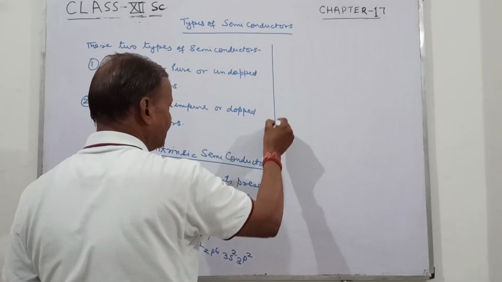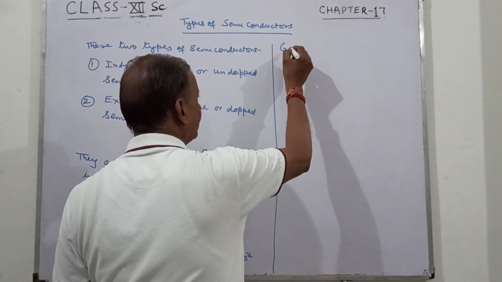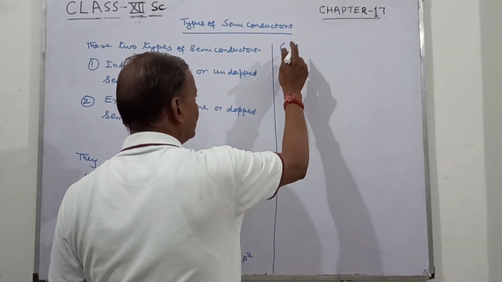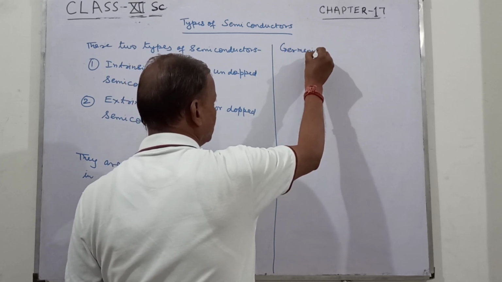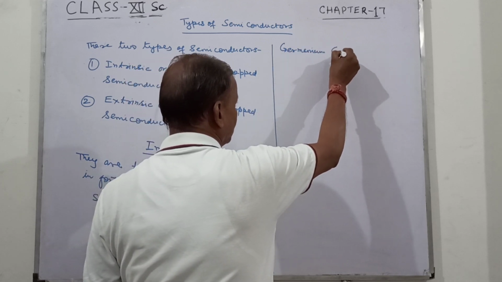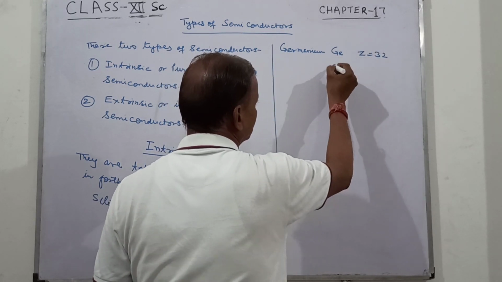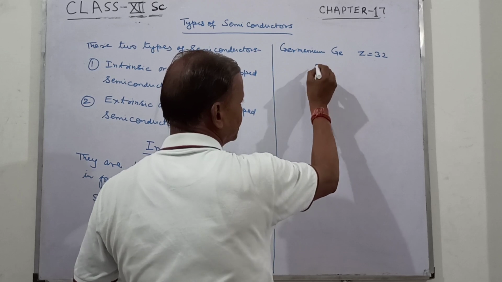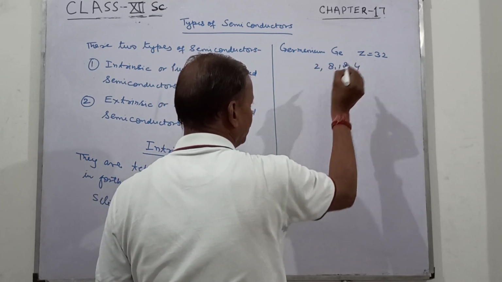Germanium, Ge, Z equal to 32. So the electronic configuration is 2, 8, 18 and 4.